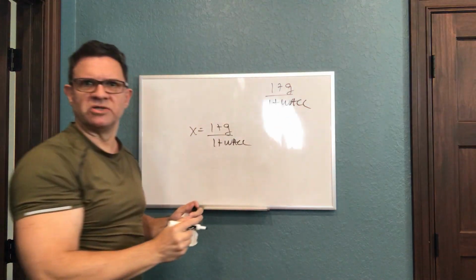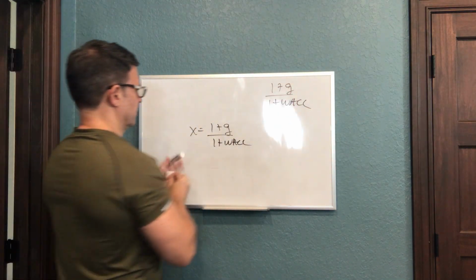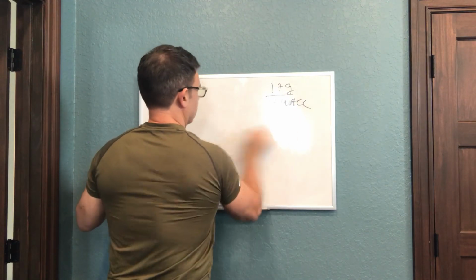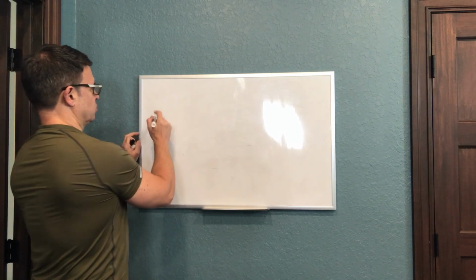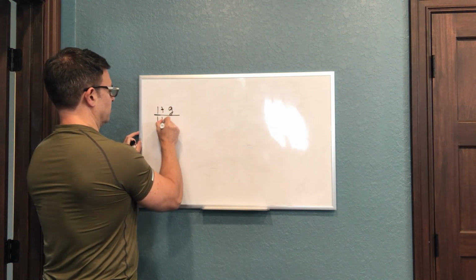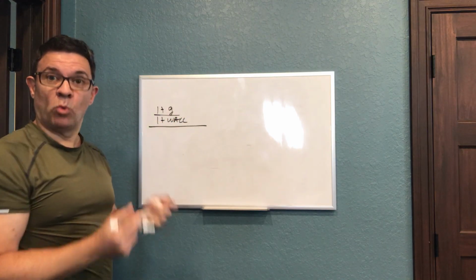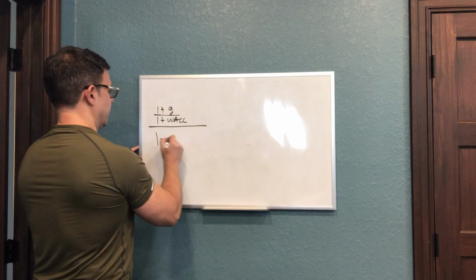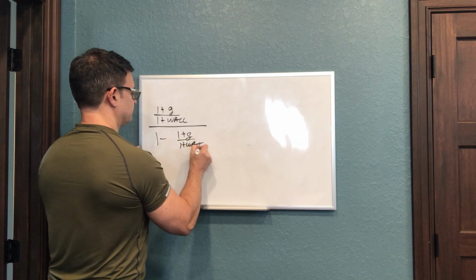Let me see if this is legible because there's a lot of glare. You know what? Let me put it on this side of the board instead. Hold on. So x over 1 minus x would then equate to 1 plus G over 1 plus WACC. And remember, it was divided by 1 minus x. Well, that would be 1 minus 1 plus G over 1 plus WACC.